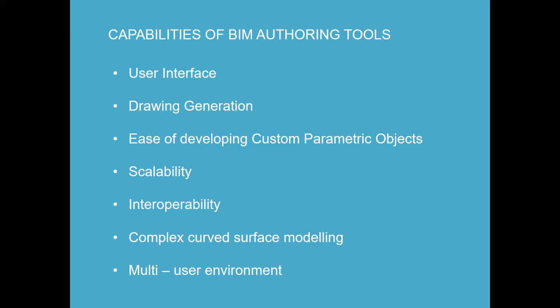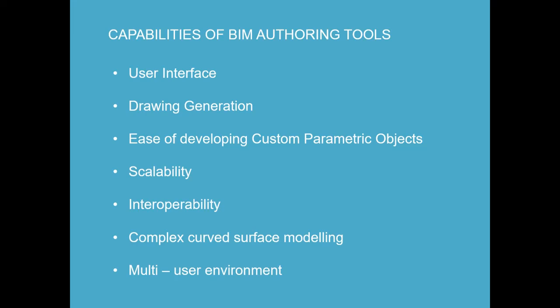Then you have a multi-user environment. Just like what we discussed previously about Revit, on a single file, on a single project, many stakeholders or many users can work together. That property is commonly adopted in all the BIM authoring tools. Okay, so these are the basic qualities of BIM authoring tools.